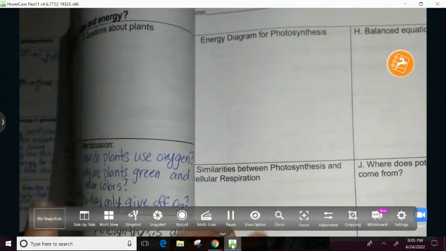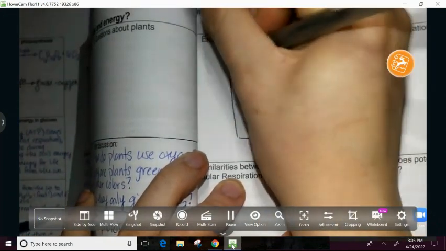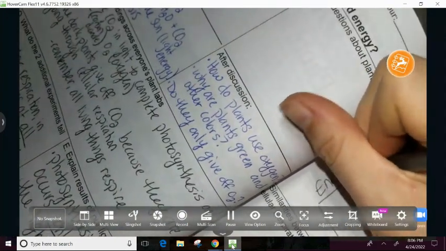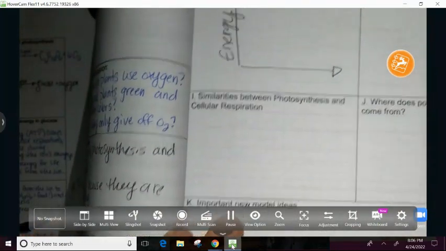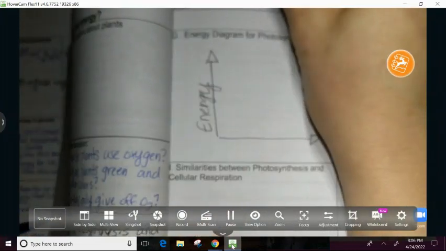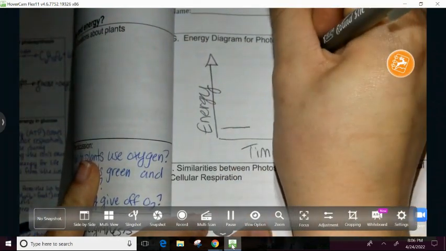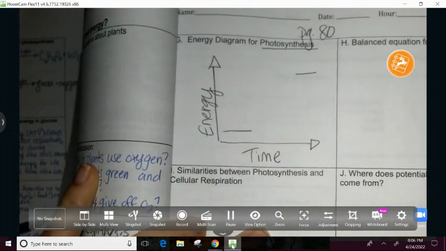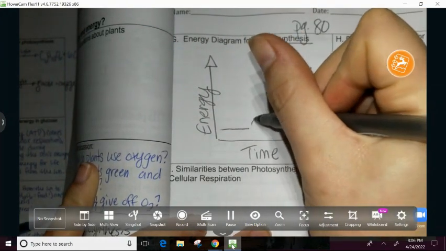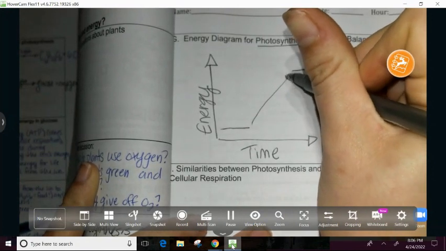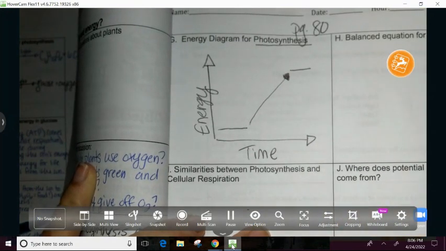All right, so we are on page 80 now. So we have our energy diagram. This one I didn't put in, so you do need to draw in your graph. It's energy over time, like always. Okay, so what type of energy do we put in?